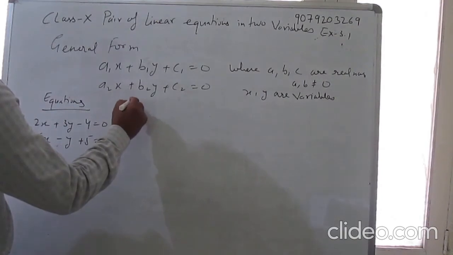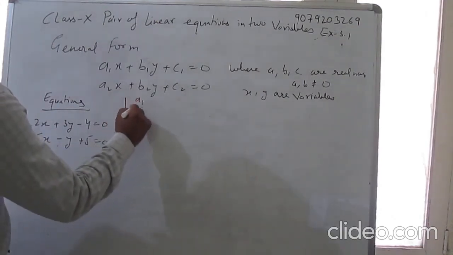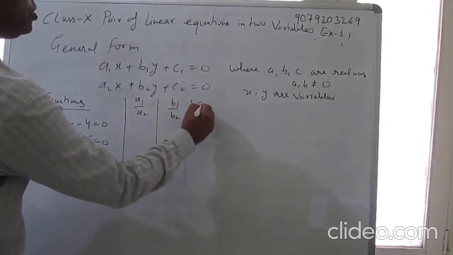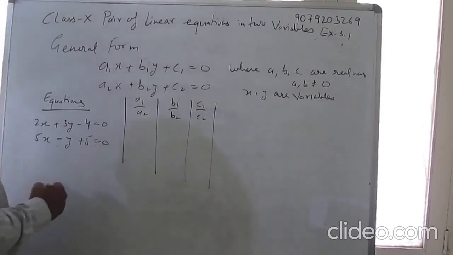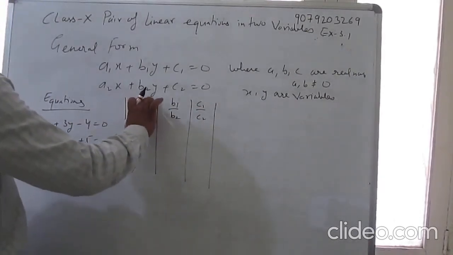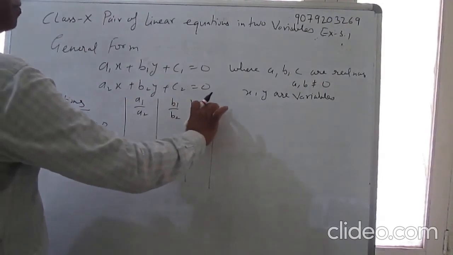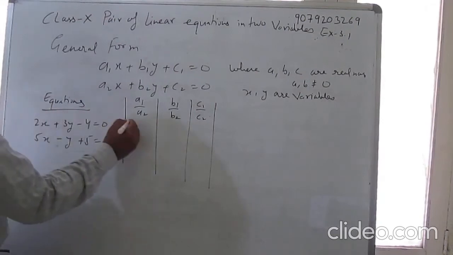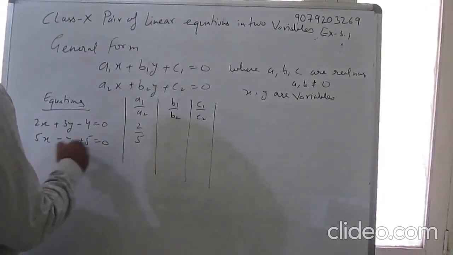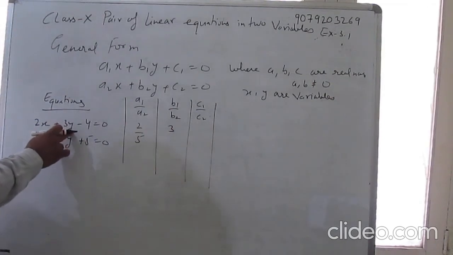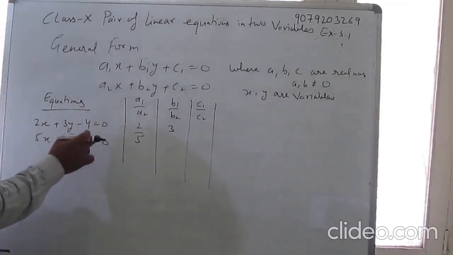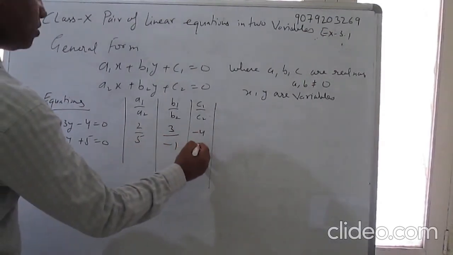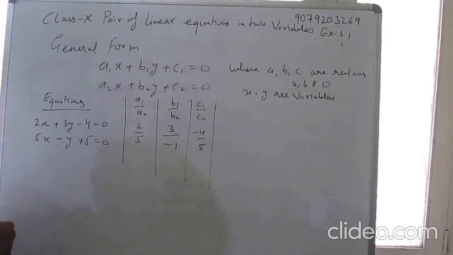Here you find the ratios a1 upon a2, b1 upon b2, c1 upon c2. See here, a1 upon a2 is 2 upon 5, b1 is the coefficient of y and b2 is the coefficient of y of the other equation, so 3 upon minus 1, and the constant terms minus 4 upon 5.